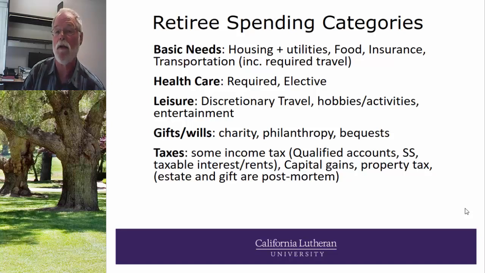So you get the idea that basic needs inflation is actually lower than what you see with the CPI. Healthcare, it's required. Some people may even choose to have more elective sorts of procedures. So healthcare has its own set of inflation needs that's going to be quite different than the basic needs.